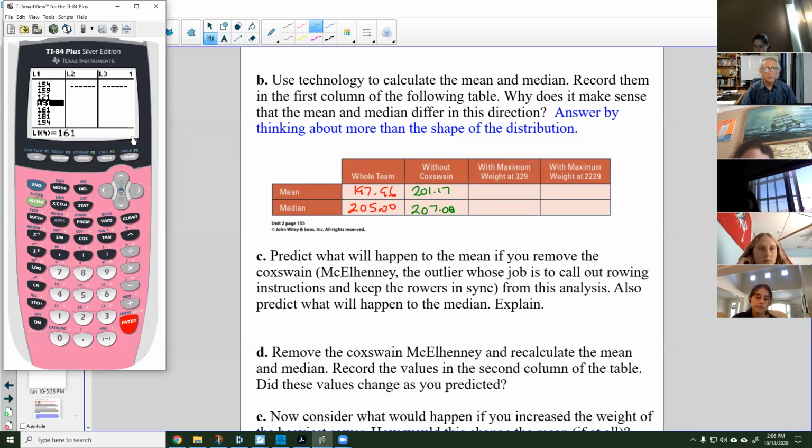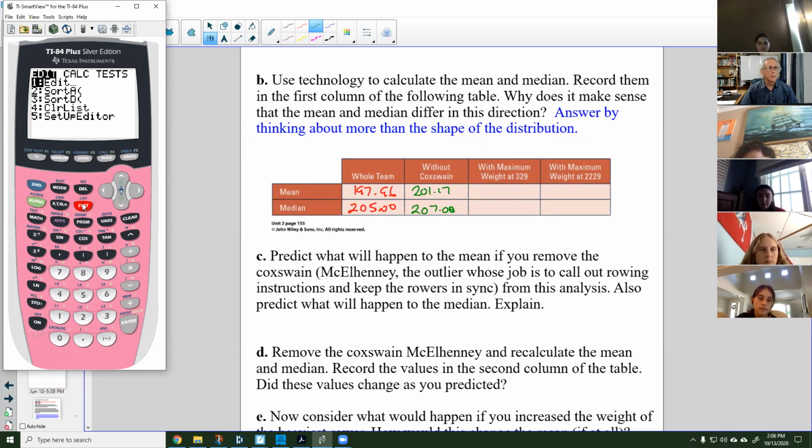Okay, all right. Well, now it's saying, what is it going to be if the maximum weight was 329? Well, I have to find what the maximum weight is. So I'm going to go stat.